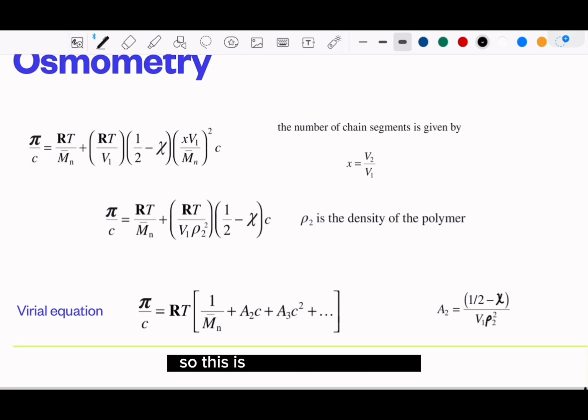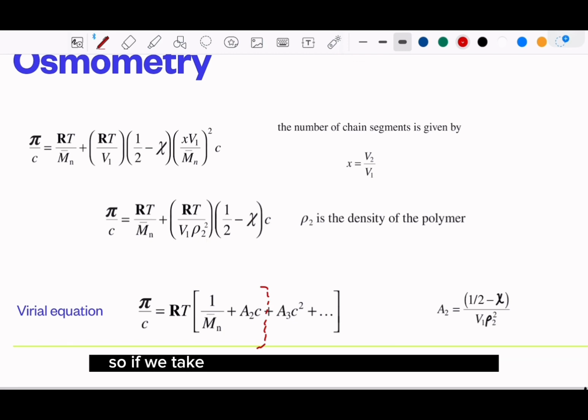So this is actually up until here. But it can be modeled if we have more, so we can have A3, A4, A5, and more. But the idea is this A2 is the slope. This is the slope for the linear equation.